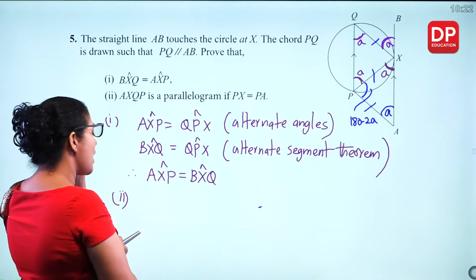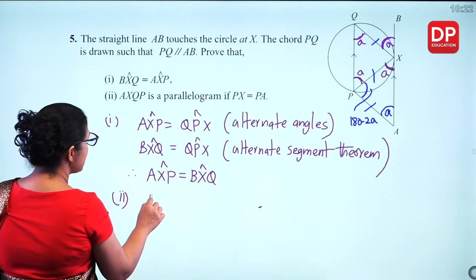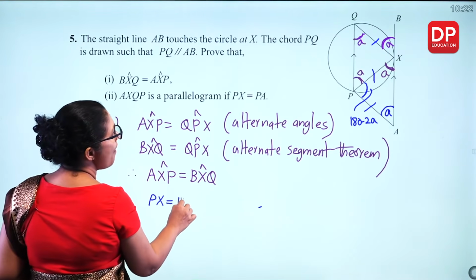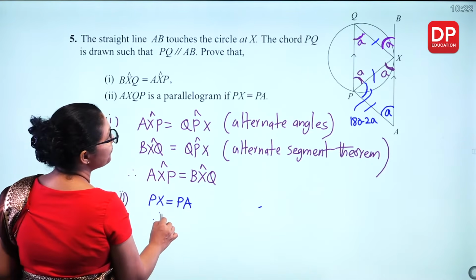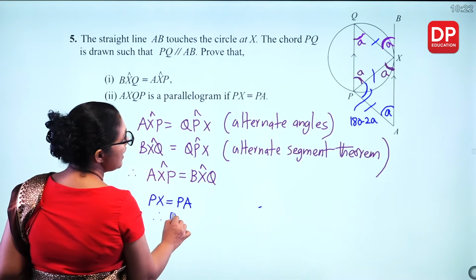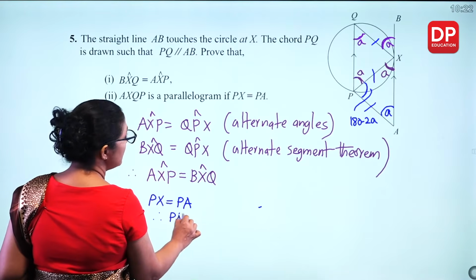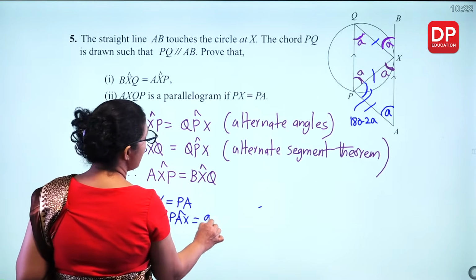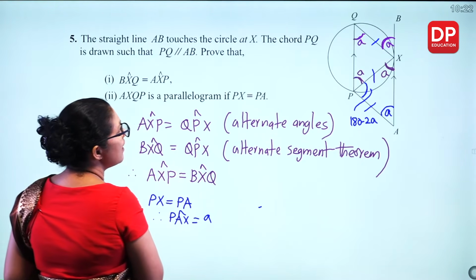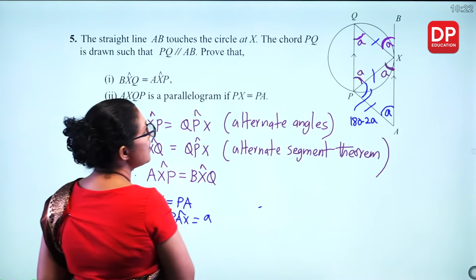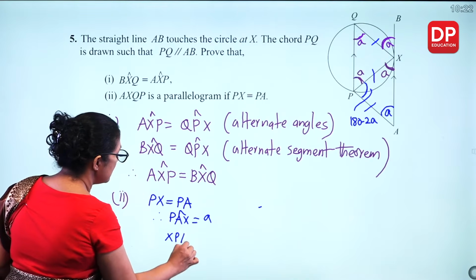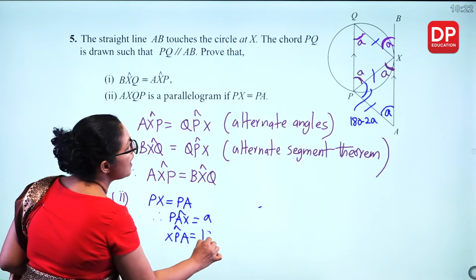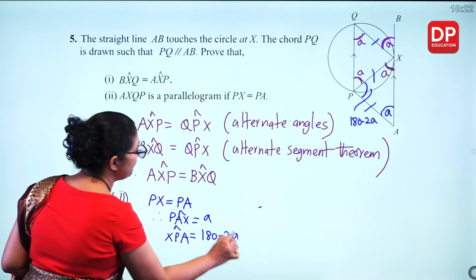So we'll first write down PX is equal to PA. Therefore, PAX angle is A. And you can find out XPA angle is 180 minus 2A.